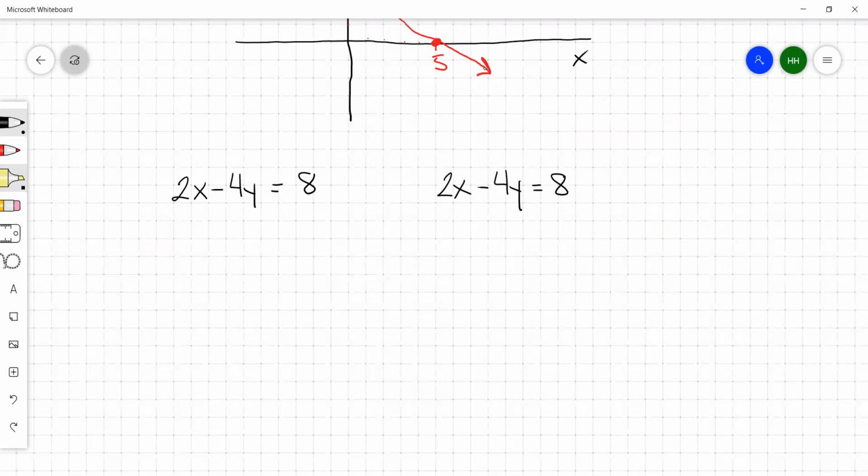Going to get rid of the x in the first one and y in the second one. Divide both sides by -4 in the first equation, and your y is equal to -2. Divide both sides by 2 in the second equation, and your x is equal to 4.